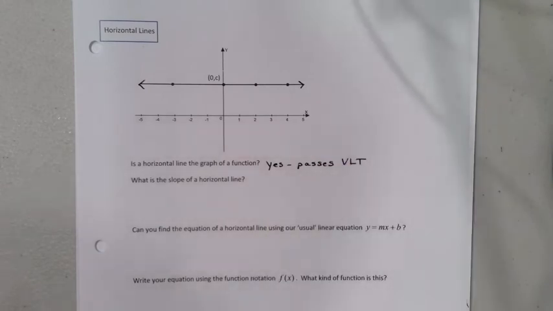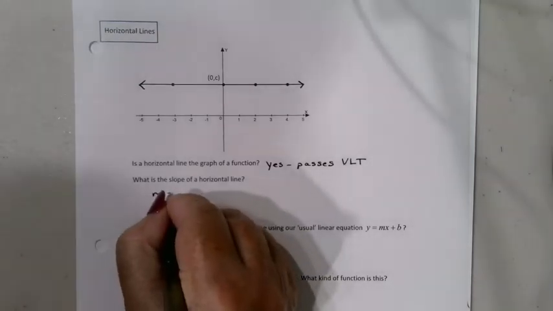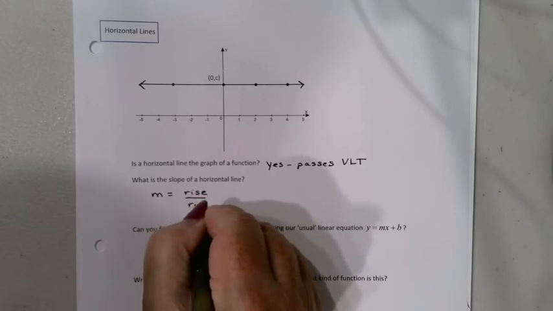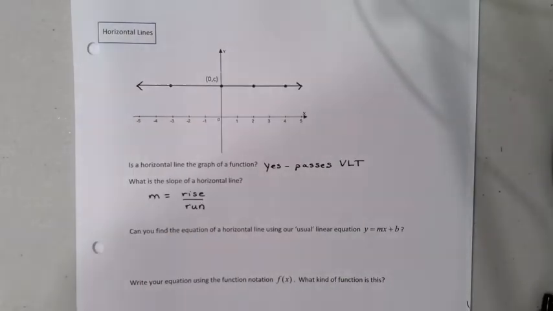So we can then ask the question, what's the slope of a horizontal line? Well, one way to think about slope is rise over run. Let's think about that for this graph.